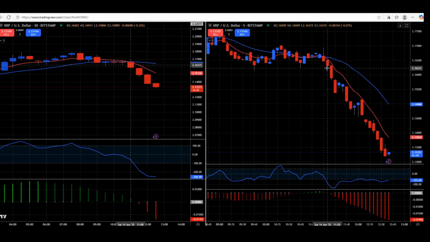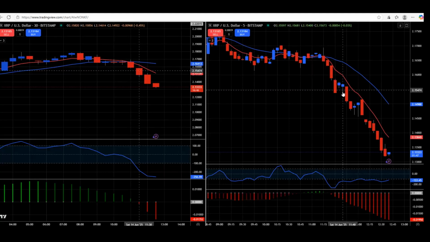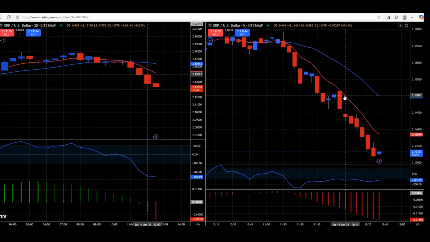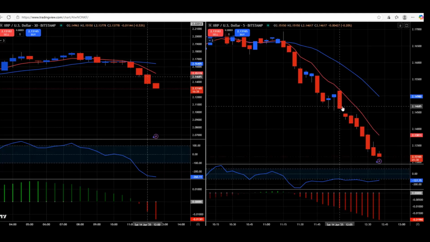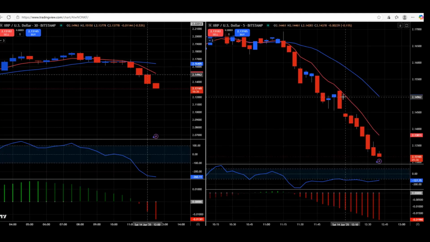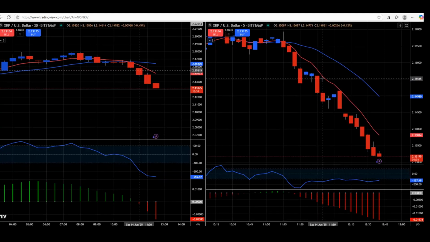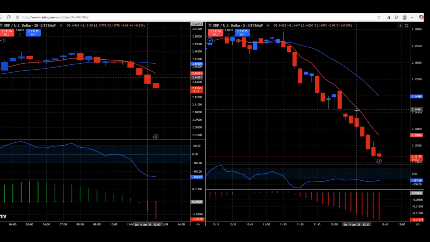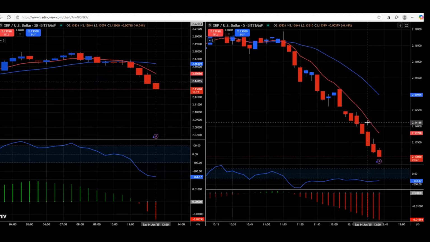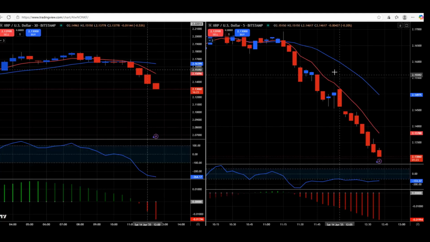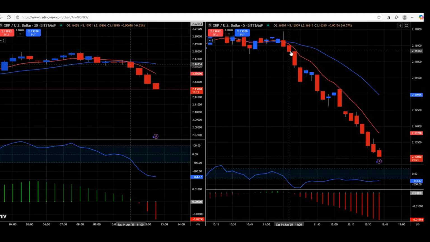So as price progresses downwards, we would watch the price action very closely, and what we want to see is a constant close below the red line, which is the 8-period EMA. So in other words, the 8-period EMA is considered the trigger line or the T line. So that's where we want to enter our trades, and that is also where we want to exit our trades as well.